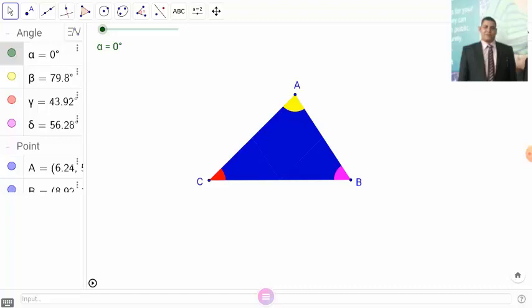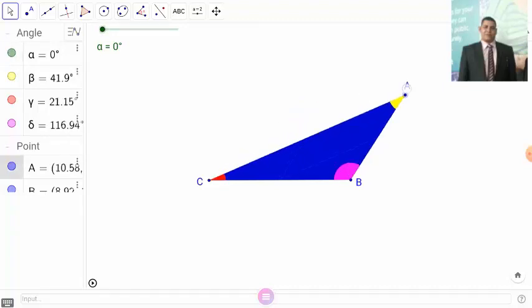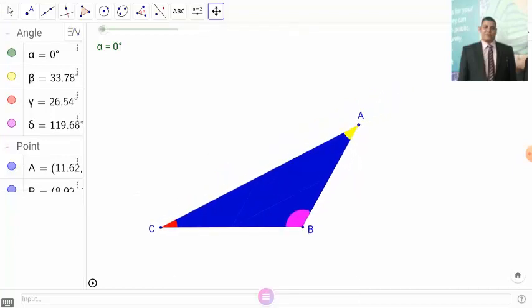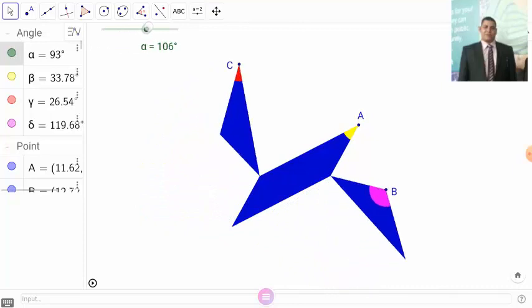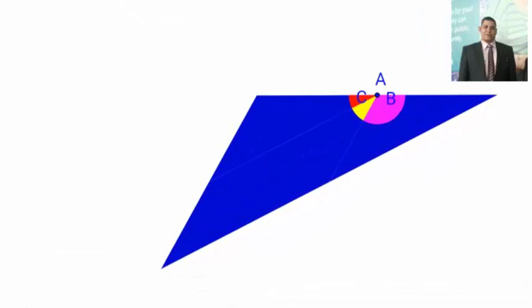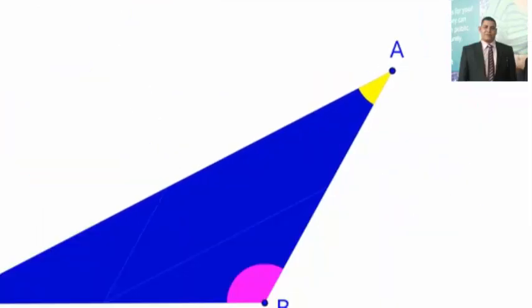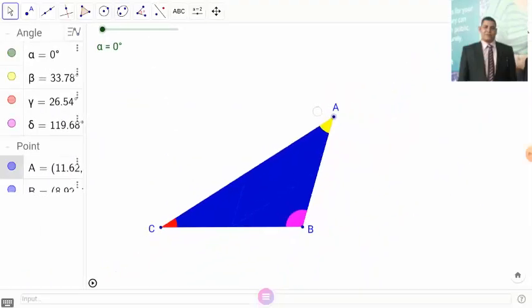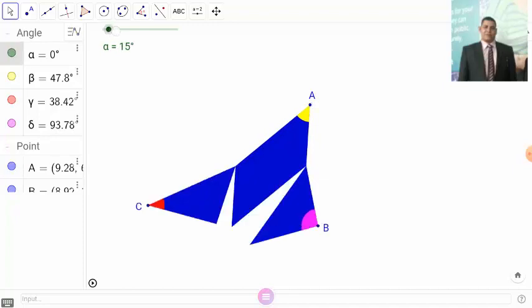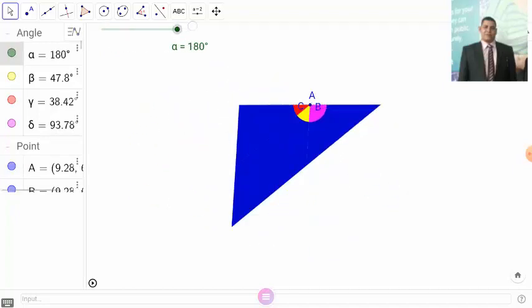For any triangle, if we have an obtuse angle triangle, and we move the angles together, we get a straight angle. If we have a right angle triangle and we cut the three angles together, we also make a straight angle.